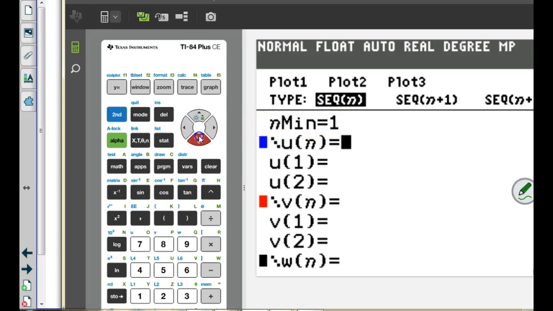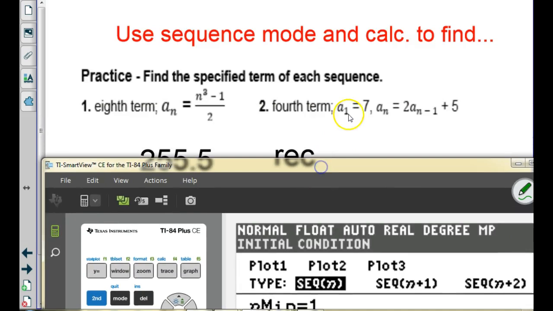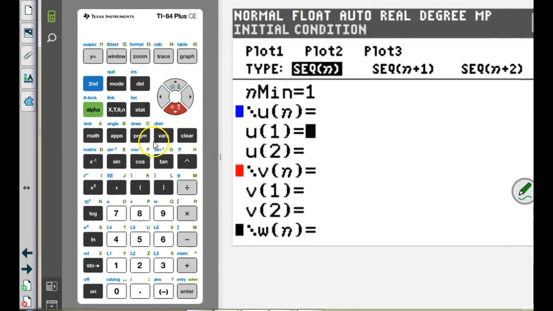And then you can skip this and go down here, and yours either says u sub n min or u sub 1. And we're supposed to put in this 7 right here. And then we're going to go back up here and put the sequence in. Everybody ready to try this?